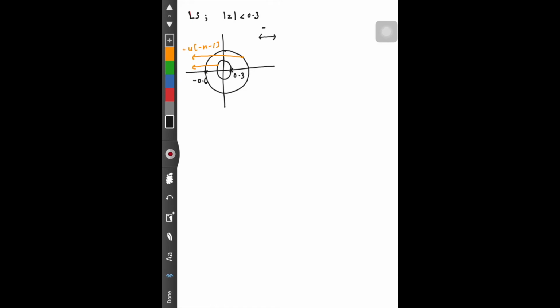Again, Hn is the inverse Z transform of Hz. So 0.6 approaches to the left, so the function is minus u[minus n minus 1]. Negative negative becomes positive, u[minus n minus 1].